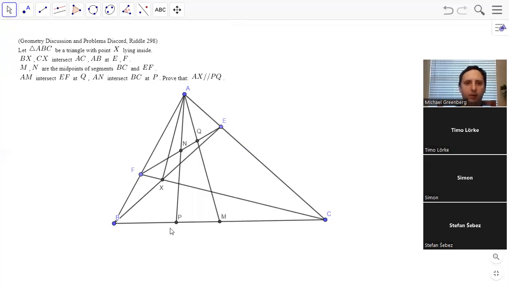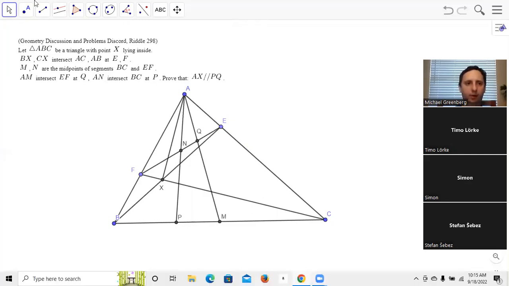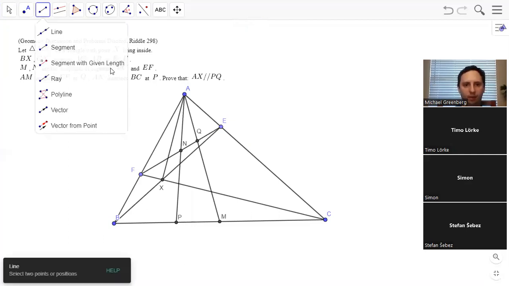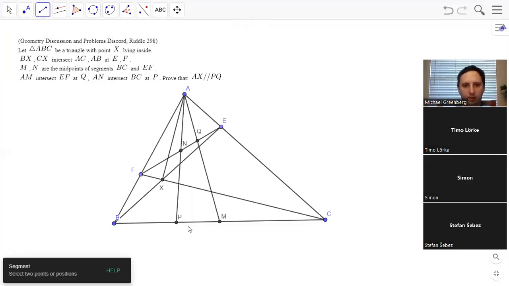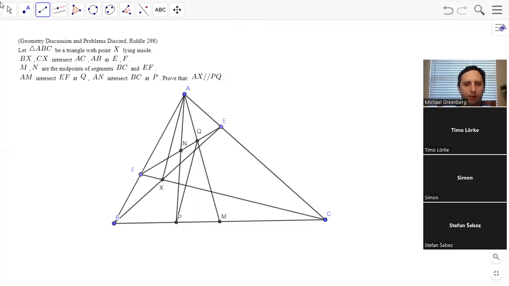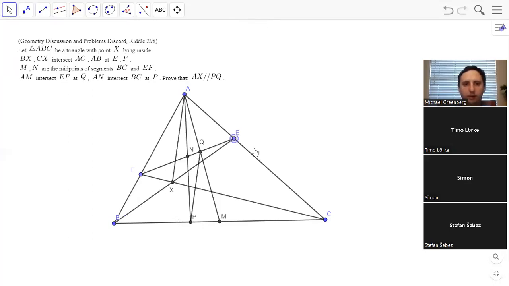But yeah, I don't think this is a parallelogram, right? I think they're just parallel. Yeah, it's okay. Yeah, I think it's unlikely that these would be a parallelogram. Yeah, it's not a parallelogram.